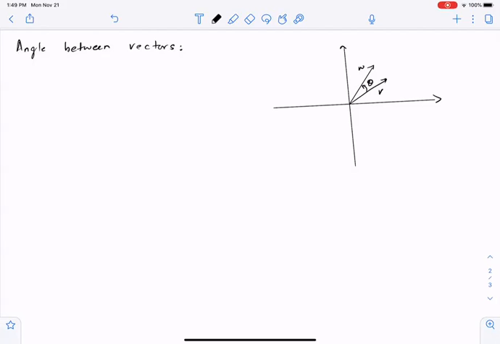It comes from a dot product, which we can write in a different way using the magnitude. The magnitude of the vector v multiplied by the magnitude of the vector w multiplied by cosine theta.